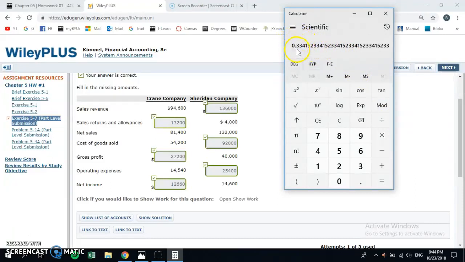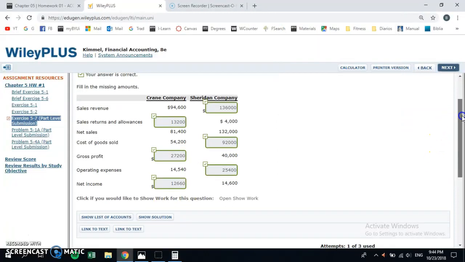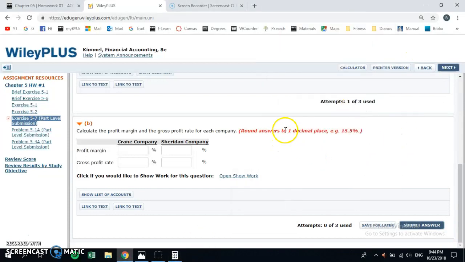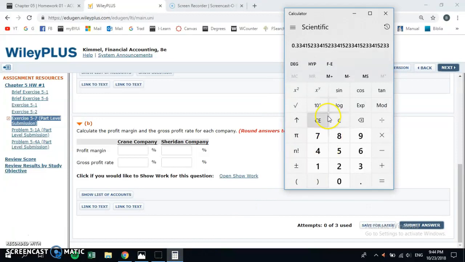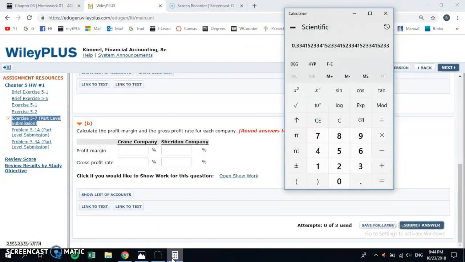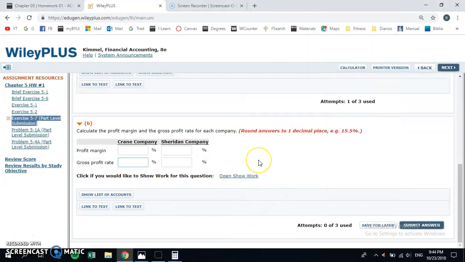This has to be expressed as a percentage, so 33.41, and I believe we have to round it. Round answers to 1 decimal place. So in this case, it will be 33.4. And this is the gross profit rate.